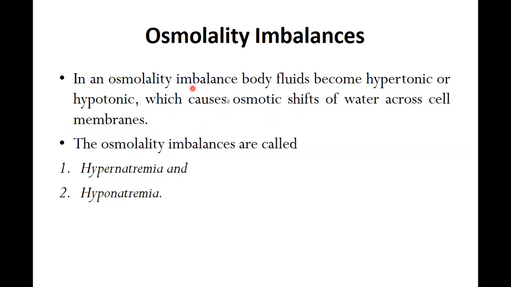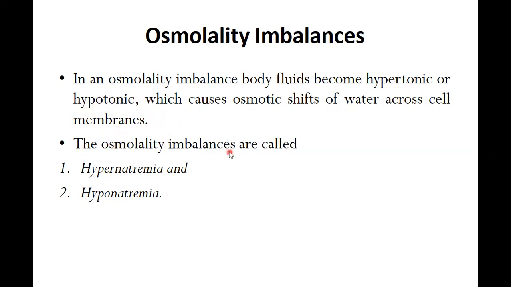We're talking about fluids that are inside the body. In certain circumstances, when certain pathologies are present, the fluids in the body can either become hypertonic, which means that the concentration of these fluids increases, or they may become hypotonic, which means the body fluids become diluted.